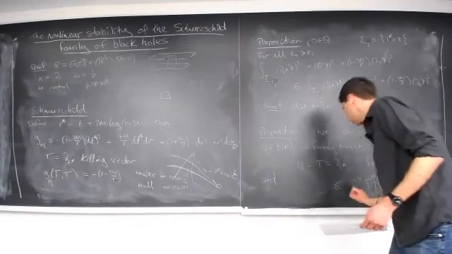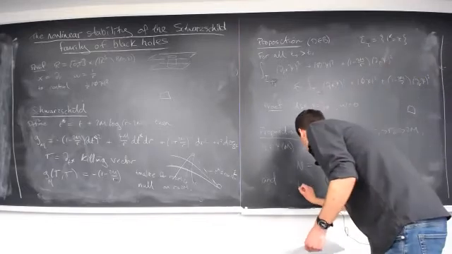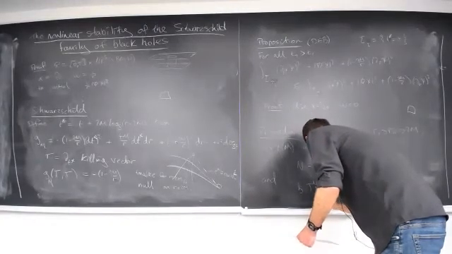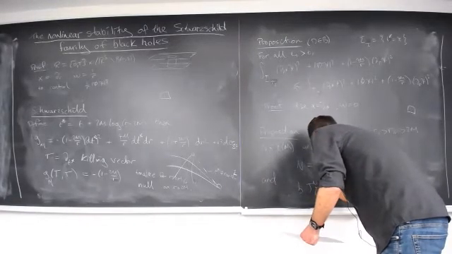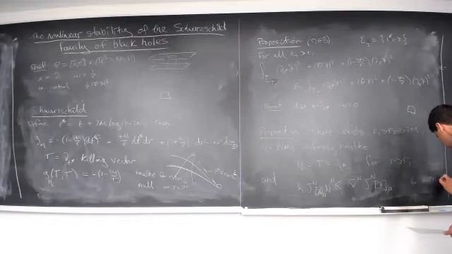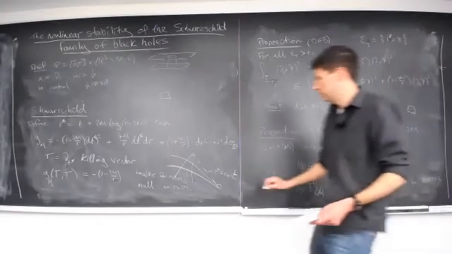It's not zero just because N is not Killing anymore. It can't be Killing if it's time-like at the event horizon. But you should think it's better than Killing. The bad term actually has a good sign, so it controls the energy. And this is only true close to the event horizon. So it looks something like this.